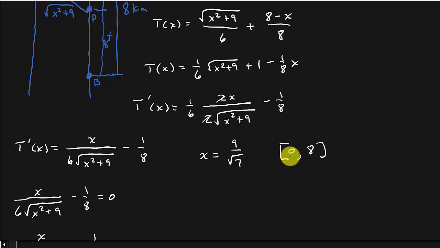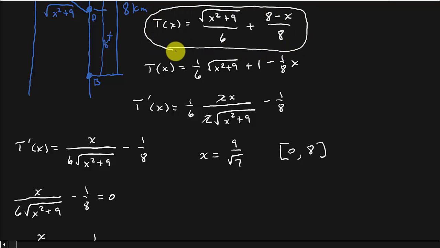So we've got to take all three values, the 9 over square root of 7, the 0, and the 8, and we have to plug it back into the original equation to see which one gives us the smallest value. Okay? So if I do t of 0, and I'm not going to show me plugging the numbers in, but t of 0 is 1.5.